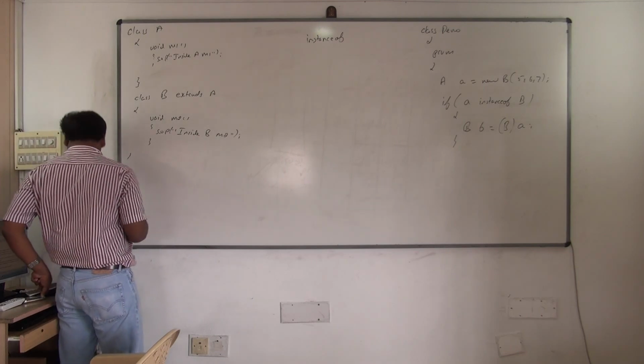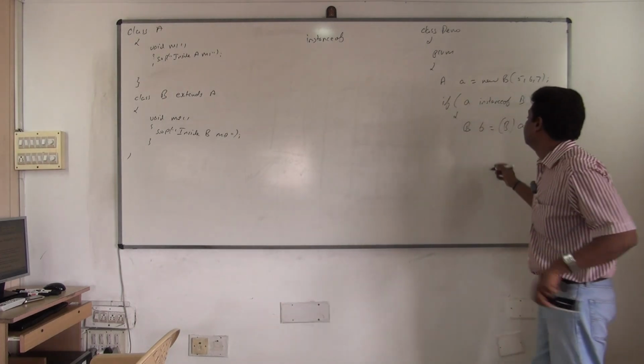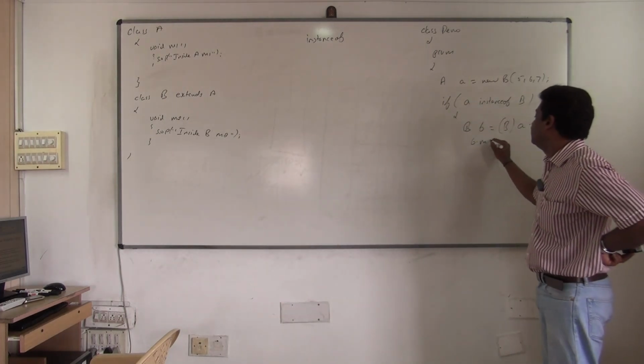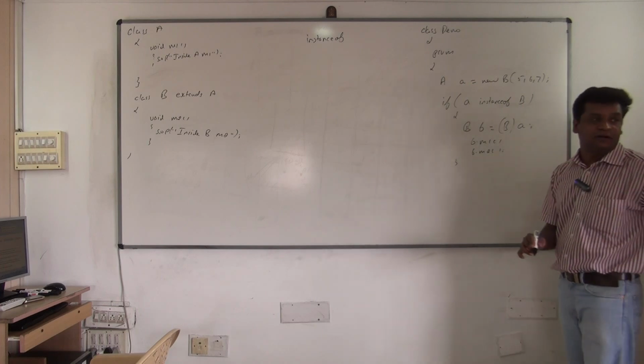First work with two classes. A is equal to new B. What will you do? If A instanceof B, what will you do? You will typecast and call what? B dot M1 also you can call, B dot M2. Both the methods you can call. Because with A you can call only what?